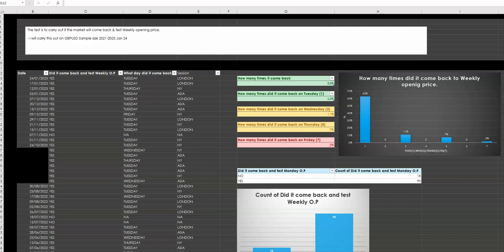So just a further breakdown, so we're all on the same page: it happens 63% of the time on a Tuesday, 11% of the time on a Wednesday, 7% of the time on a Thursday, and about 2% of the time on a Friday.